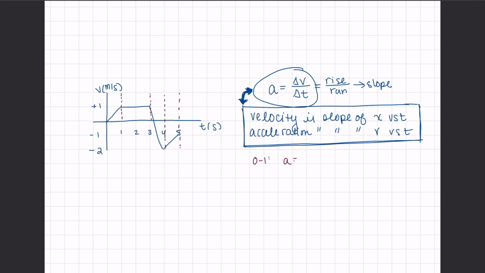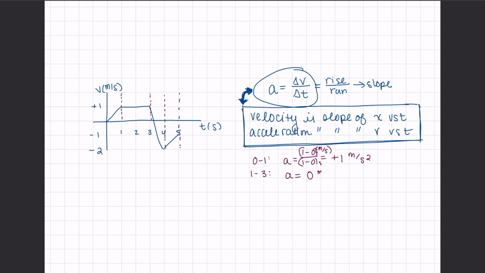So from 0 to 1, we have 1 minus 0 over 1 minus 0, so that'll be a plus 1. And again, our units: we have meters per second on the top and seconds on the bottom, giving us meters per second squared, as it should. We have 1 to 3, where we can visually see it is 0.